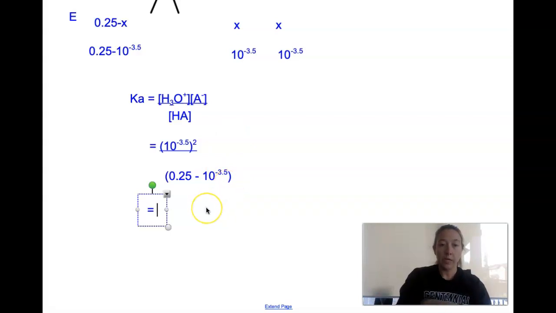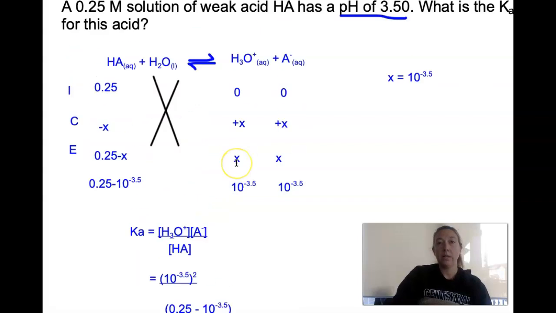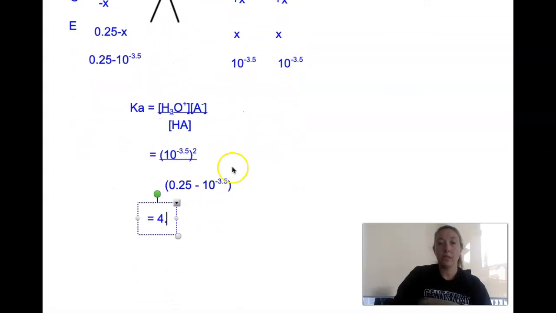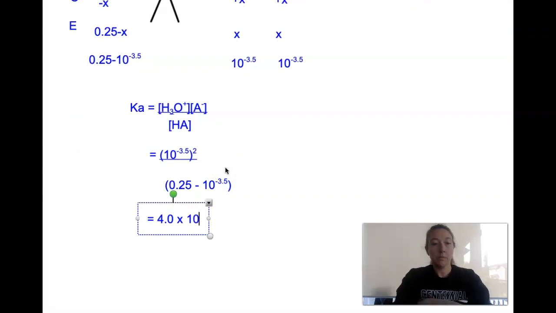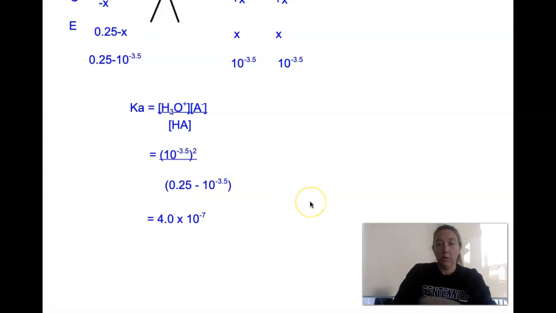So what do I get as my Ka? I get 4.0 times 10 to the negative 7. This is a number we expect. For the majority of our weak acids and weak bases, we are going to have Ks less than 1.